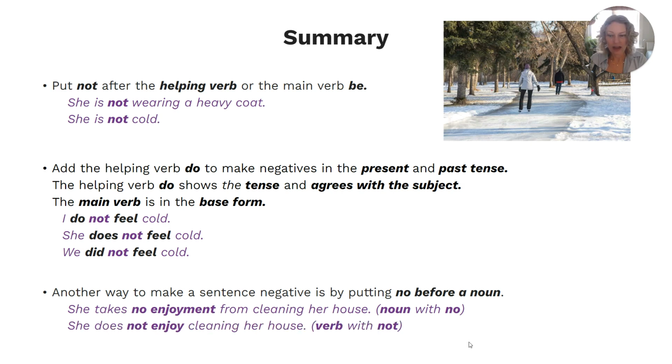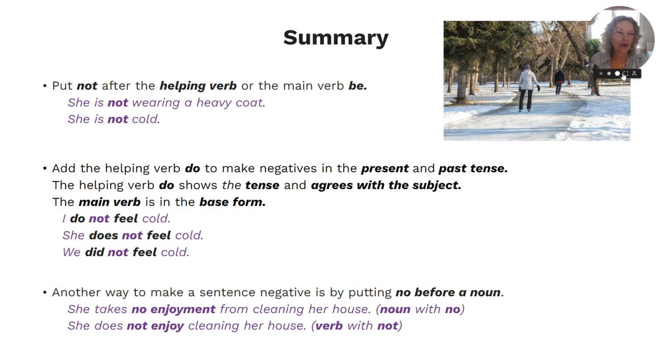We could use not to make a negative verb to convey the same kind of idea if we said she does not enjoy cleaning her house. So there the verb is enjoy, and the helping verb do shows that it's present tense. Then we have not to make it negative, and then enjoy in the base form. So it means that activity of enjoying something does not happen.